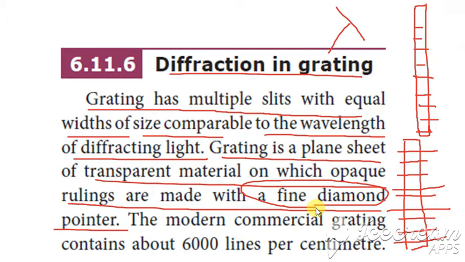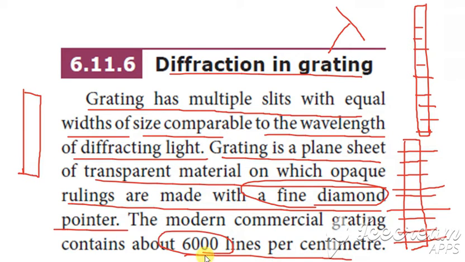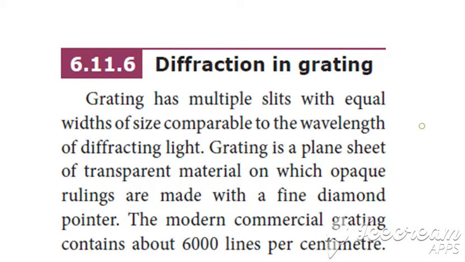A diamond pointer. The modern commercial grating has about 6000 lines per centimeter. For 1 centimeter length of grating we have how many lines? Nearly 6000 lines. Those are the rulings made on the grating.